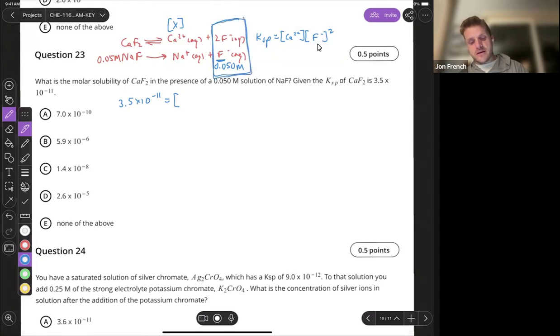We're going to basically say that the concentration of fluoride from the strong electrolyte is greater than the concentration from the weak electrolyte, so we can ignore the concentration from the calcium fluoride and just say calcium is an X and fluoride is 0.05. We still have to square it because that's the impact that fluoride has on our KSP, but I don't need to double it. I don't need to worry about 2x because I have a strong electrolyte present.